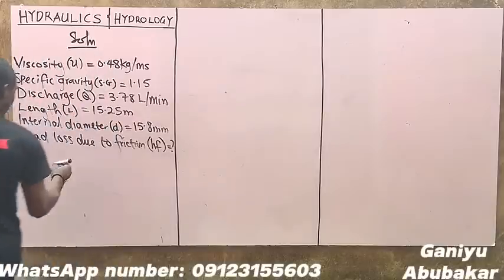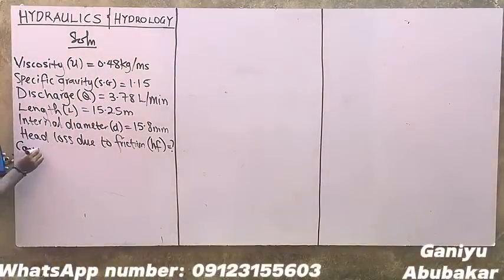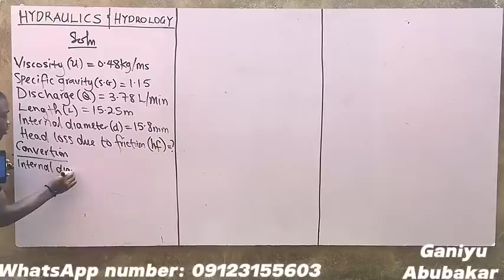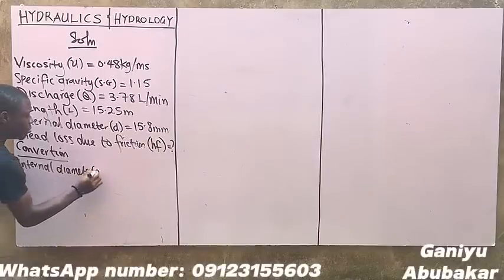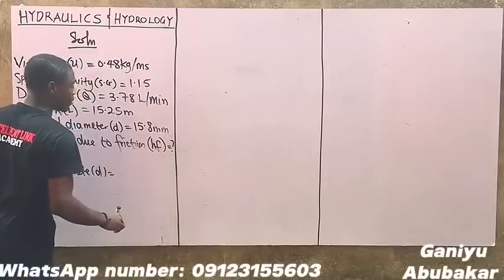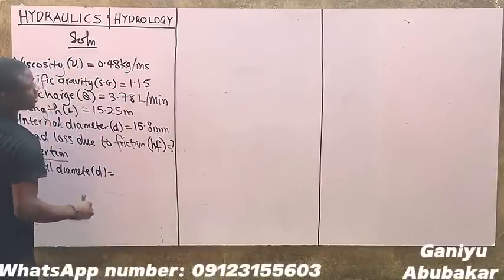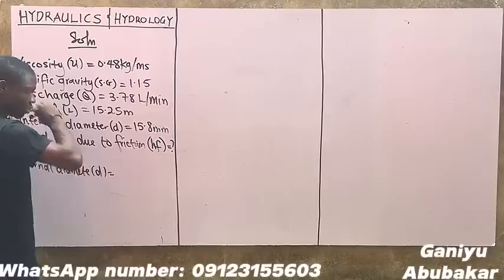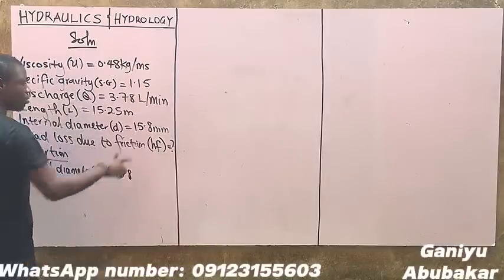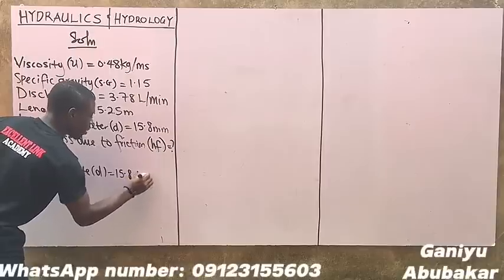So let's start with the conversion, beginning with the internal diameter. D is in millimeters, convert it to meters. Divide by 1000.